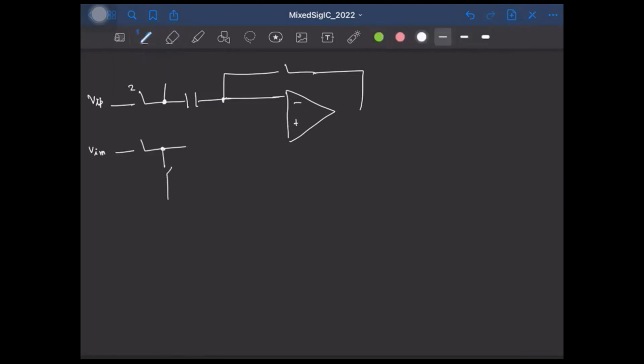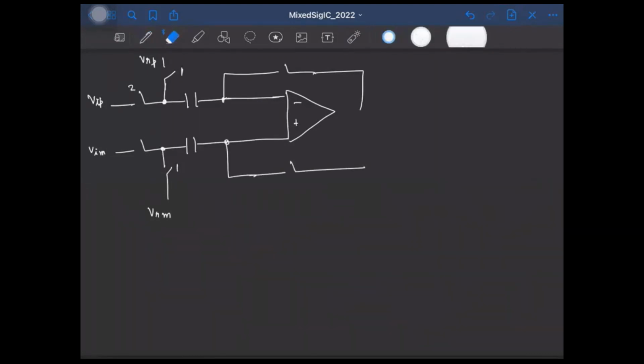Let me draw it properly. This is phase 1. This will be VR minus, and this is another capacitor. So this will be the overall circuit.